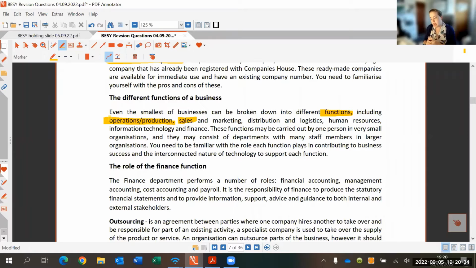But that is just a brief description of classification by function, and knowing that there are all these different departments within the business. That did crop up in the old synoptic unit as well, so the previous version, it's not necessarily something new.